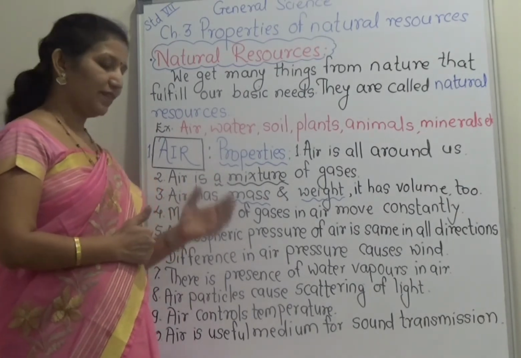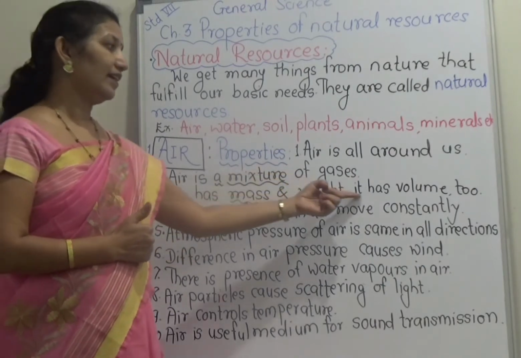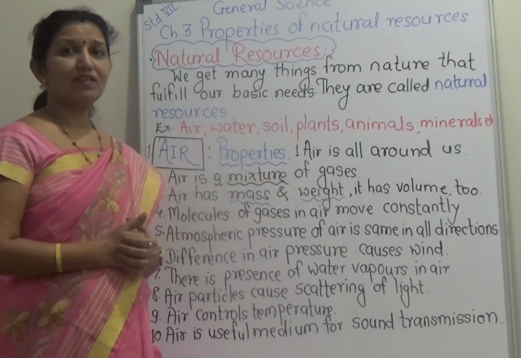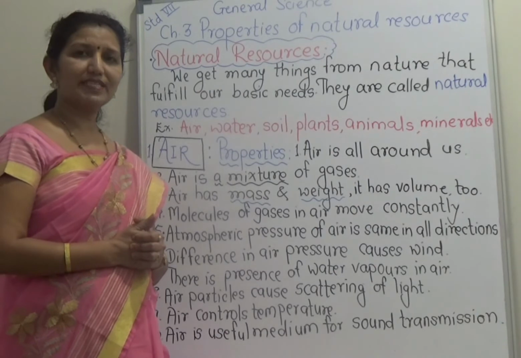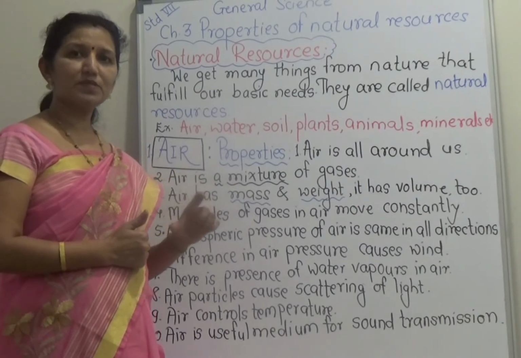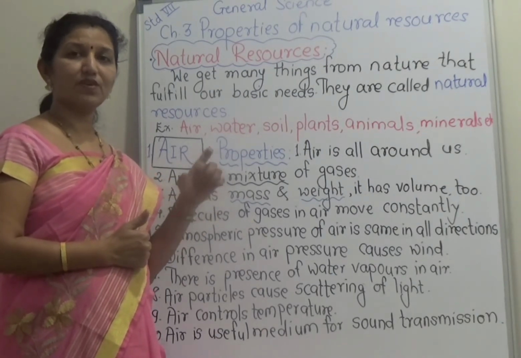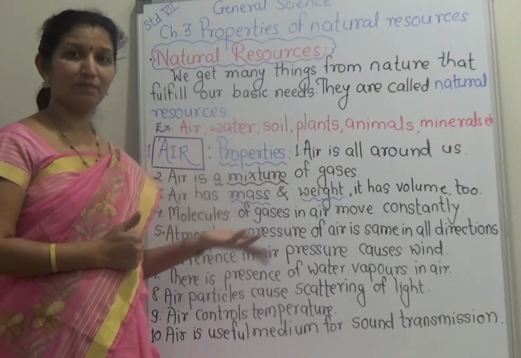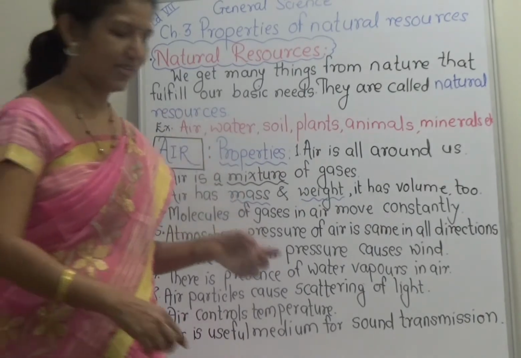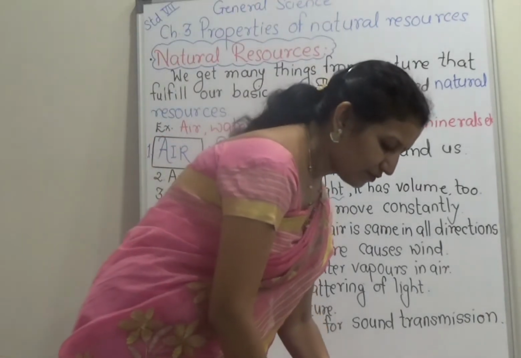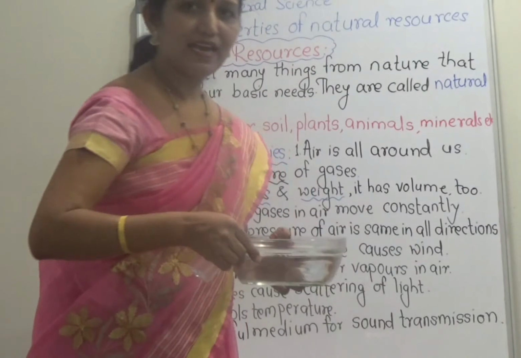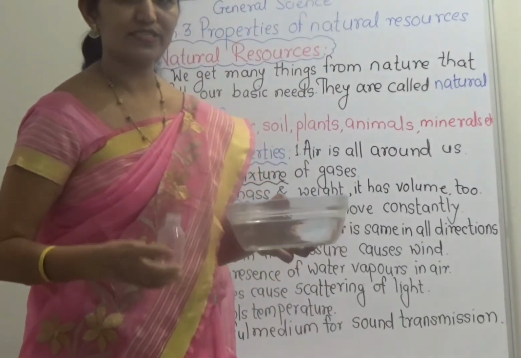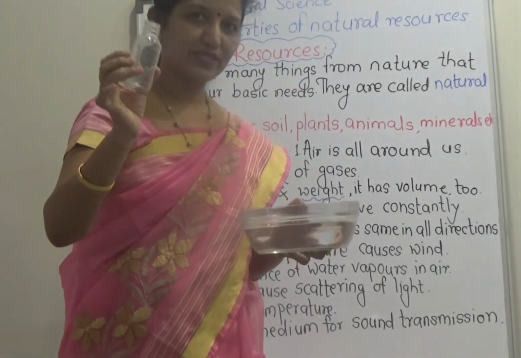Now we will see that air has volume. The definition of volume is that the amount of space occupied by an object is called its volume. That means air occupies space. Now we will prove it with a very simple experiment. I have taken one pot of water and one empty bottle.